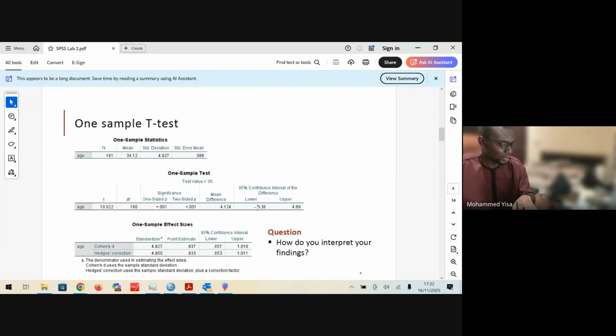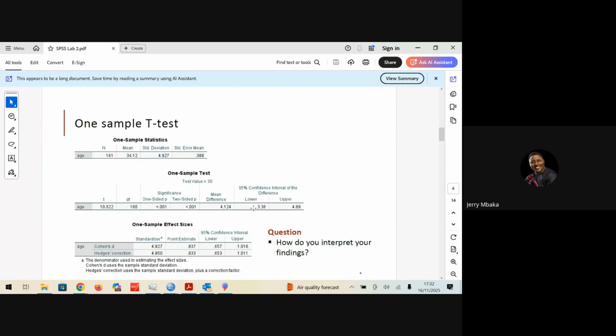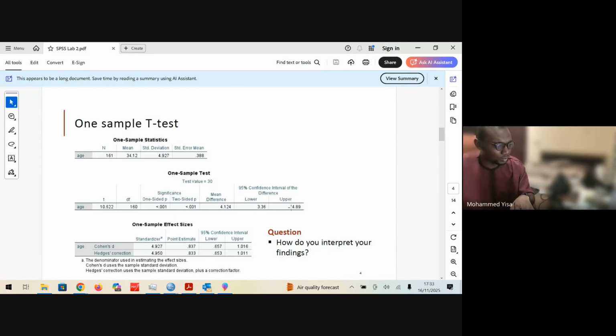If it does not contain 0, as in this case, like if this 3.36 was minus, then you would go from minus 3.36 to 4.89 and cross 0. So if this was minus, then your mean difference would be statistically insignificant, which means there's no statistically significant difference between the two means.